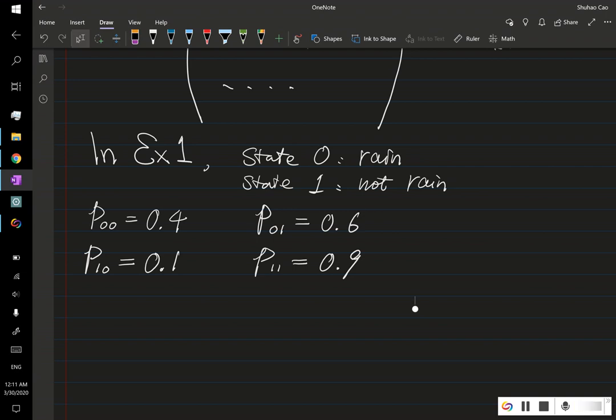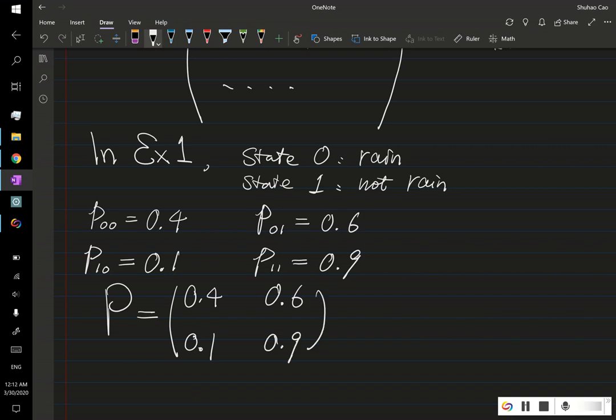So then our matrix is 0.4, 0.6, 0.1, 0.9. And a remark is that the row sum is 1.